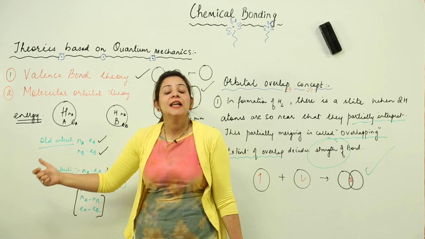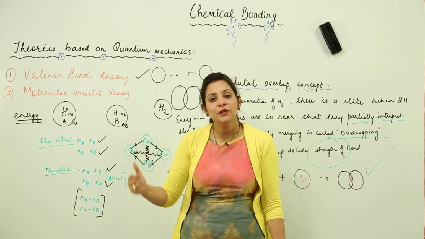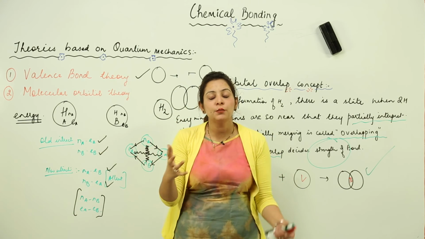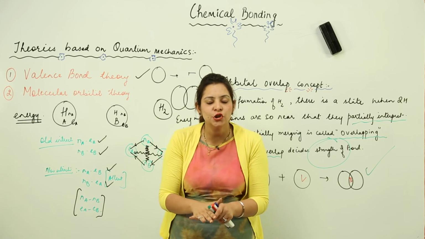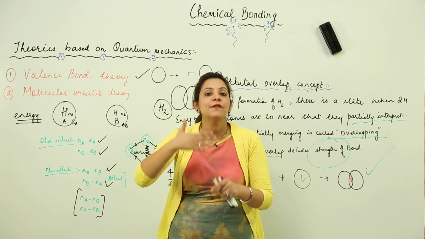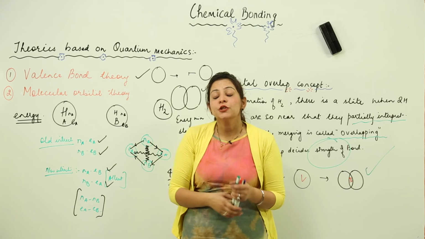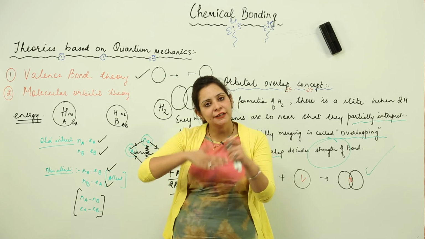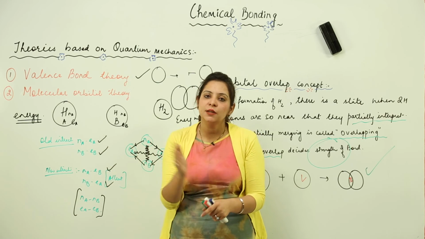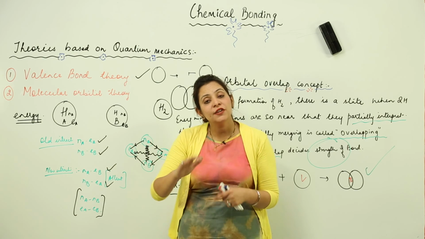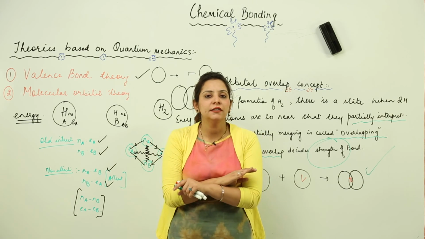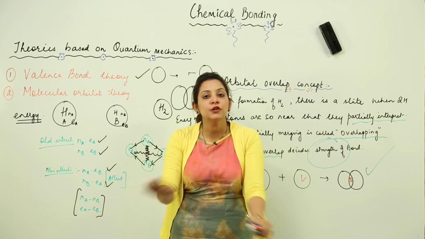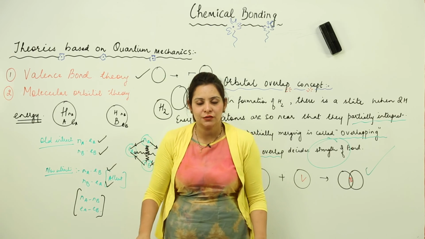Energy means the bond formation will take place only when it results in a decrease in energy, so that the molecule can have stability. For that we need to focus on attractive and repulsive forces. If attractive forces exceed, then the bond is obviously going to form, and if the repulsive forces are more, then that molecule is not going to form in any condition.